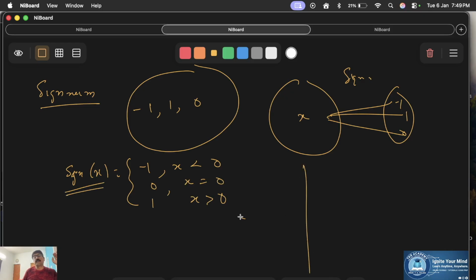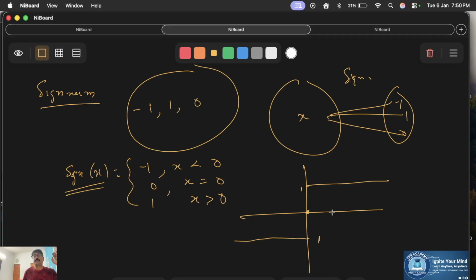And the graph of this function, you can see that for 0 it is 0, for positive it is 1, that is the graph is a horizontal straight line towards the right side at plus 1, and for x negative it is minus 1, so the graph to the left is a horizontal line at minus 1.